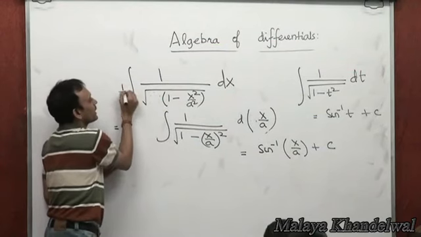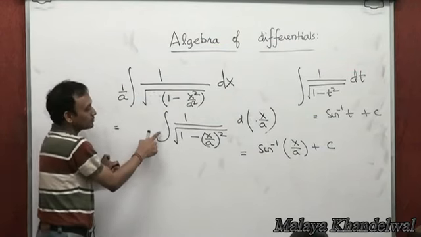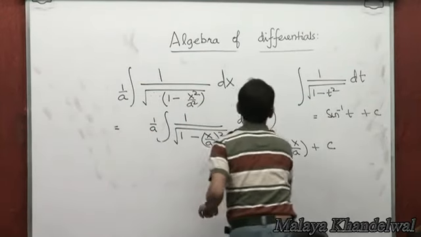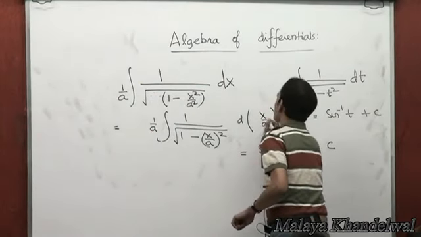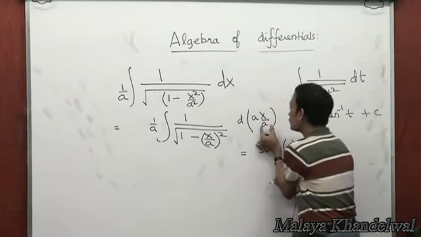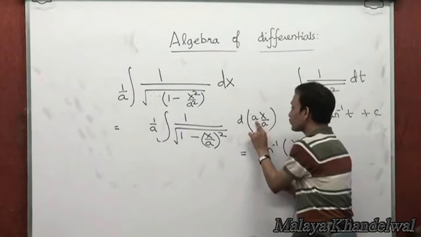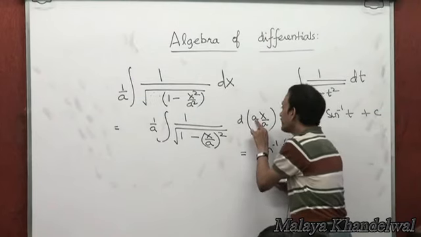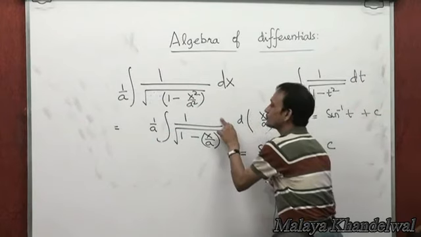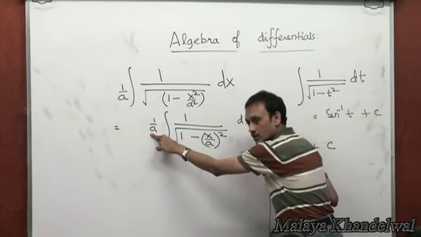So it comes out and it becomes like a 1 by a, which is what we had here, right? And then this I wrote as x by a into a dx. Reason, because I wanted the same thing to be mapped there, x by a. So I wrote it as a into x by a, and then this a migrated out. And this migrated out, it took care of this a.